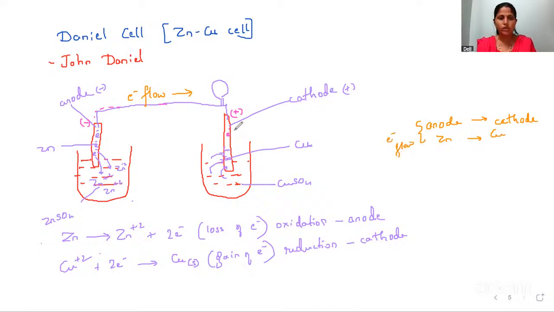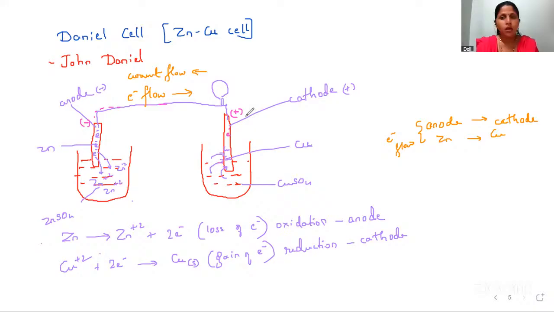So electron flow is there. How will be the flow of current? With flow of electrons, there will be electric current. So how will be the flow of current? So current flow will be in the direction opposite to flow of electrons. That is by convention, we know it in physics. Yes or no? So here electron flow is from anode to cathode, that is from zinc to copper.